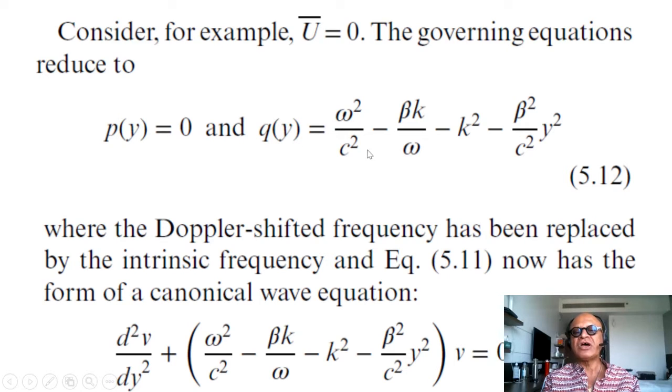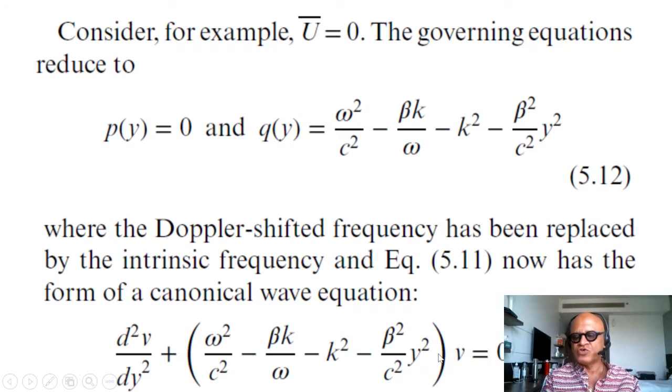But this is now expressed in terms of the Doppler shifted frequency being the intrinsic frequency because there is no background flow. Right? So then the wave equation becomes a real oscillator. d squared v dy squared is this coefficient of the waves and planetary vorticity times v equal to 0.